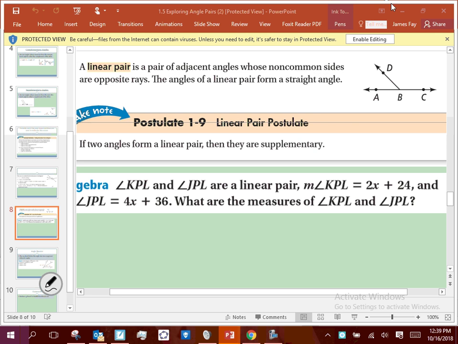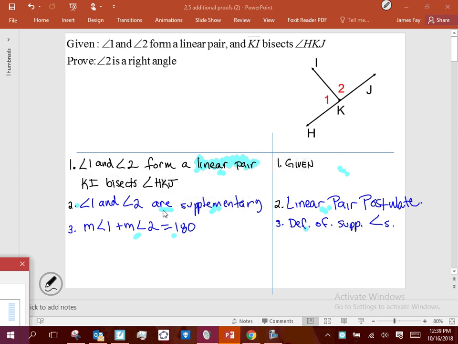Now, that being said, you heard me say yesterday that these things come in clusters. These statements come in clusters. Every time you see the word linear pair, you're going to say, okay, what angles are we talking about? 1 and 2. We then say that they're instantly supplementary. And then we write the algebra that goes with them.